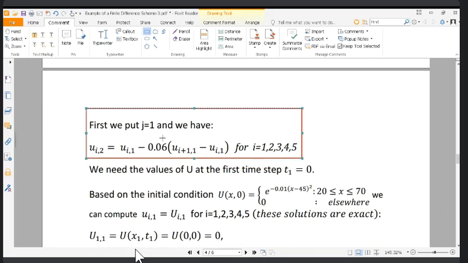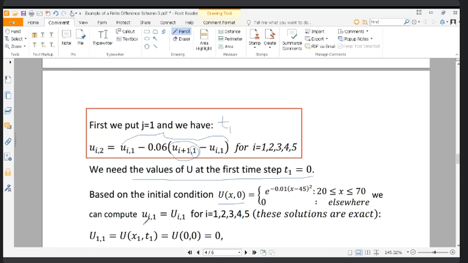In this formula, we need the value of u at the first time step t1. Please pay attention: for u(i+1, 1), the level of t is 1, and the right side is based on t1. Based on the initial condition, u(x, 0) is e^(-0.01(x-45)^2) for x between 20 and 70, and elsewhere it is 0.